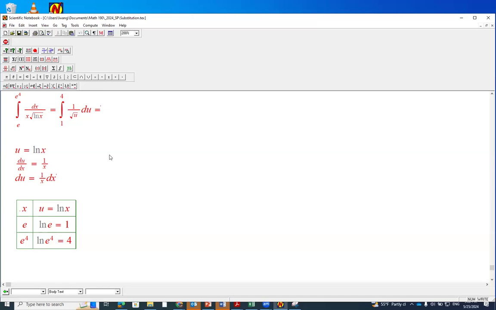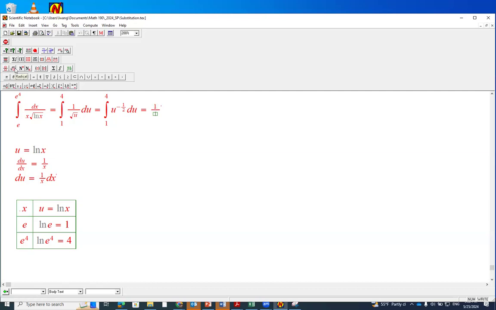And next, we're going to finish up. The whole thing can be seen as u to the power of negative half. Then there's the power rule.